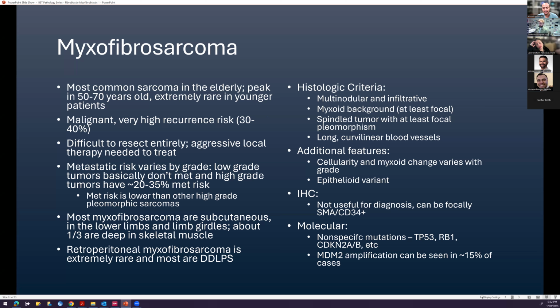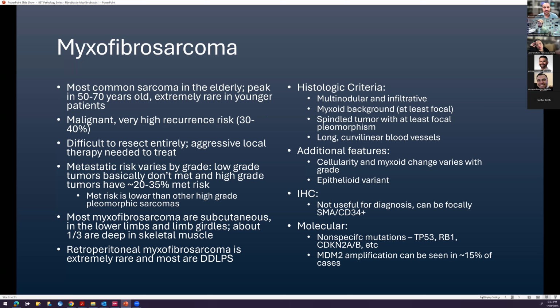And IHC is not really useful for the diagnosis, and there's generally no specific molecular changes. That said, be careful about one thing, right? Myxofibrosarcoma is one of those tumors that is well known to have MDM2 amplifications in a subset. About 15% will actually have MDM2 amplification. And that becomes a big problem when you're trying to make that distinction on biopsy.